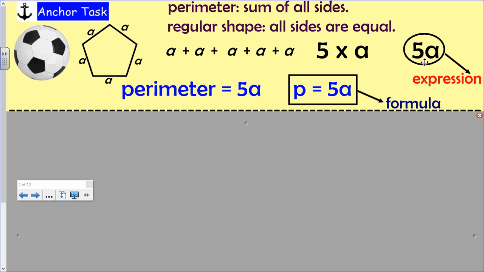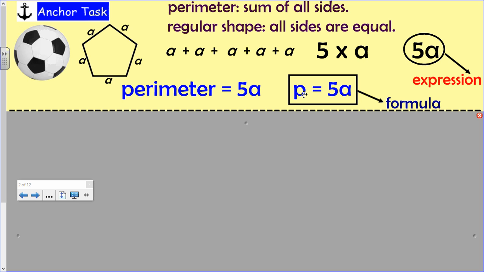That still just means 5 lots of A or 5 times A. And that is what we call an expression. Okay, hopefully you've heard this vocabulary a little bit now. So to work out the perimeter of a regular pentagon, we can just work out 5A.